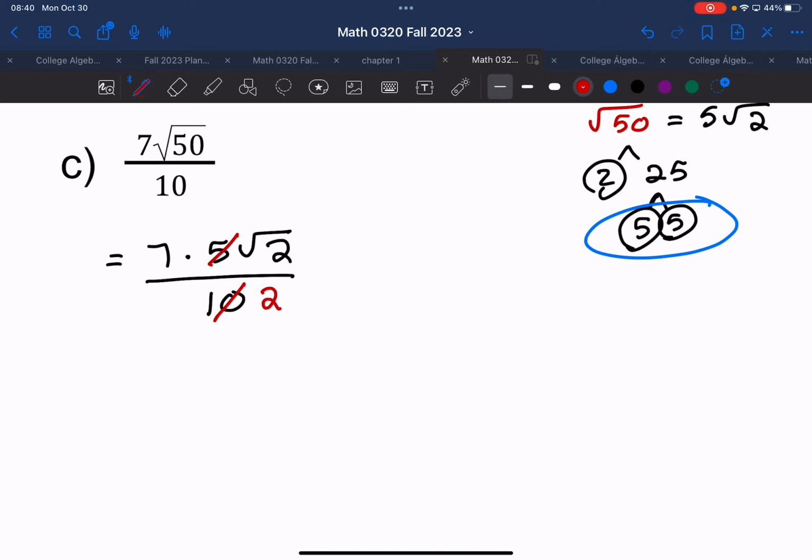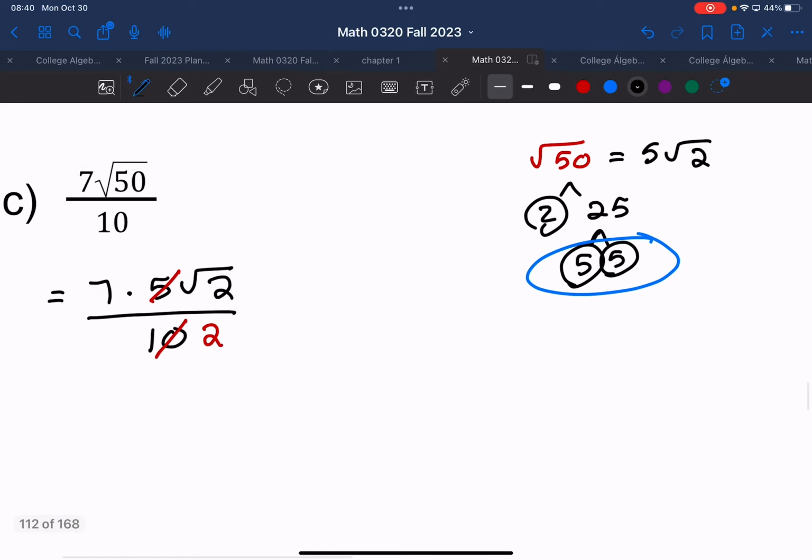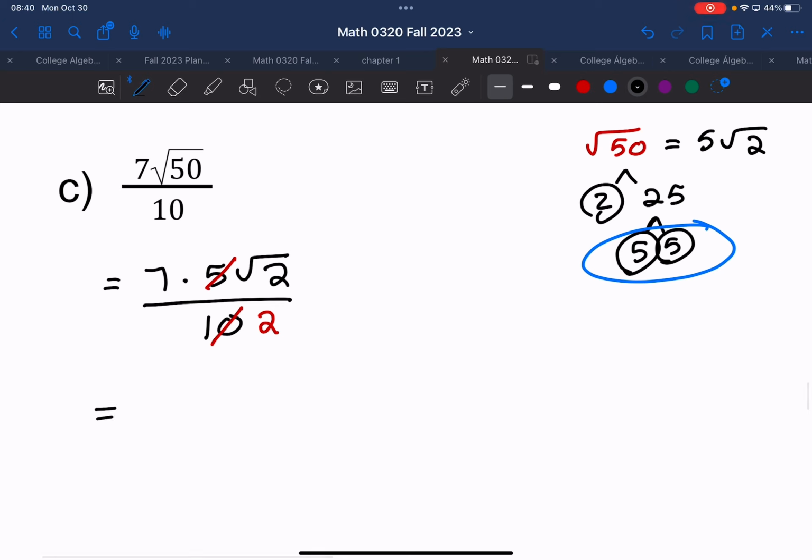A 2, because 10 divided by 5 is 2. So there's 2 on the bottom. So now we have 7 square roots of 2 divided by 2. Can this simplify any further? No, this is our answer.